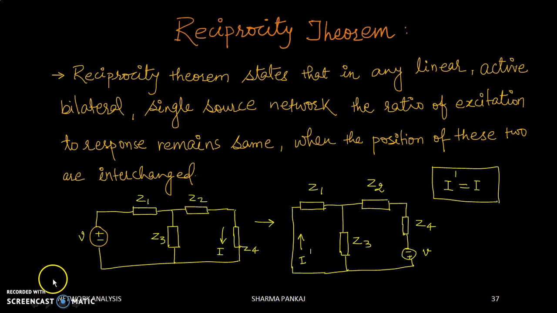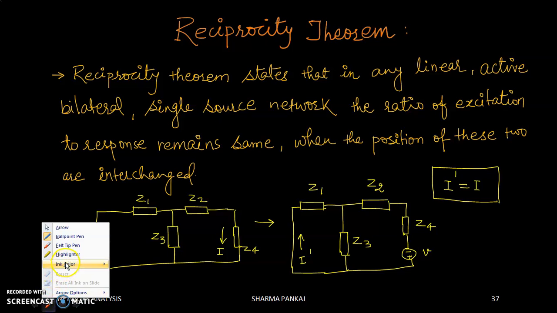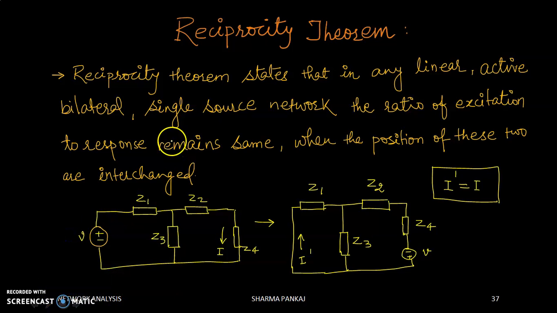The statement is: the reciprocity theorem states that in any linear active bilateral single source network, please mark it, this should be a single source network, the ratio of excitation to response remains the same when the positions of these two are interchanged.